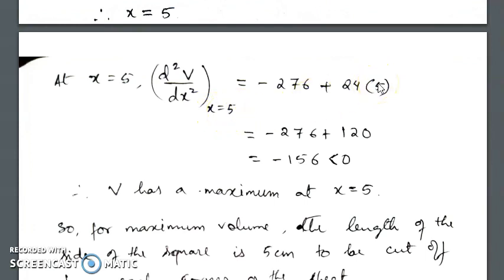I replace x with 5 in the second order derivative, and you'll get minus 156. Minus 156 is negative, so it is less than 0. If it is less than 0, that means you'll have a maximum. So therefore V has a maximum at x equal to 5.